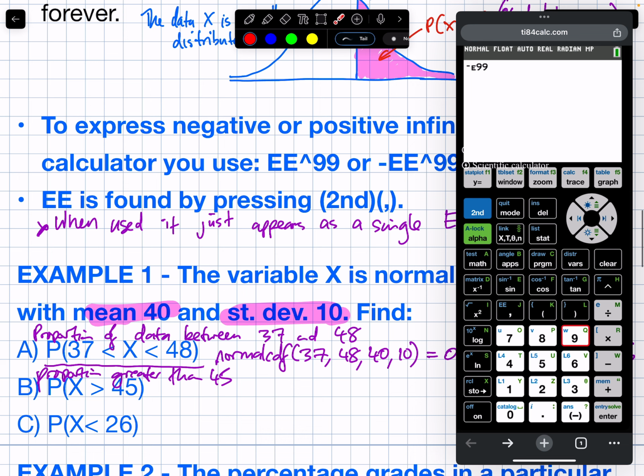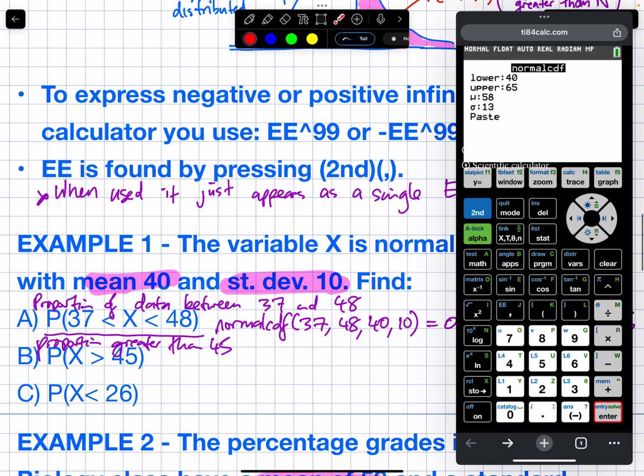If I care about less than, my infinity is going to be to the left. So on your normal CDF, if I'm answering P(X) is greater than 45, I'm going to go normal CDF. I want it greater than 45. So what's my lowest? 45.